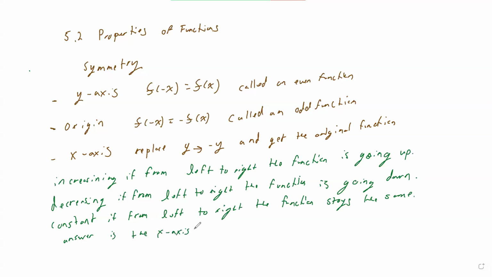Meaning if I'm saying it's increasing from 3 to 10, it's because I'm looking at the x-axis. The function itself is increasing, but I'm taking the answers from the x-axis. That's going to be the part that usually gets a lot of kids. They just forget how to answer it.